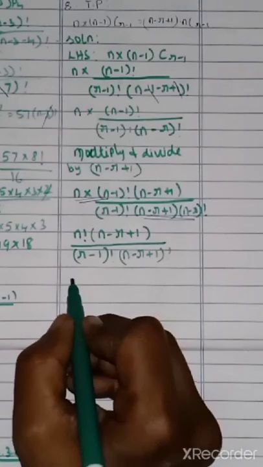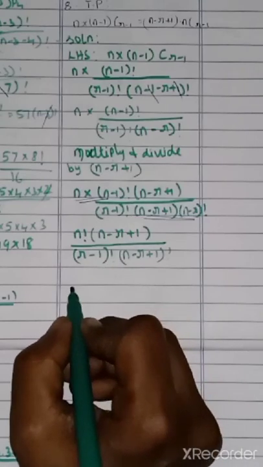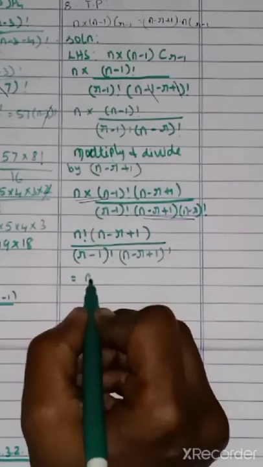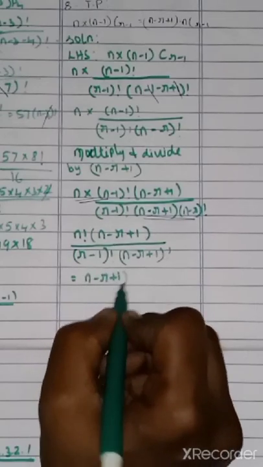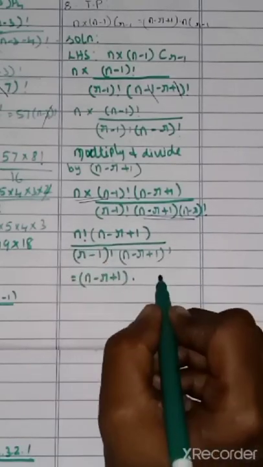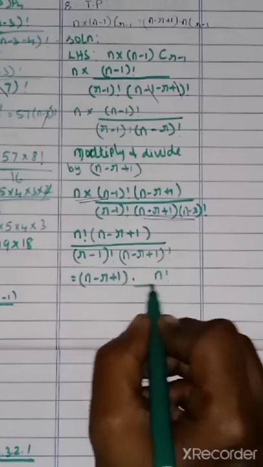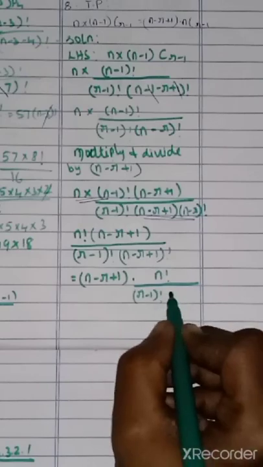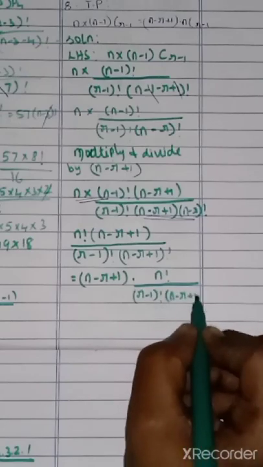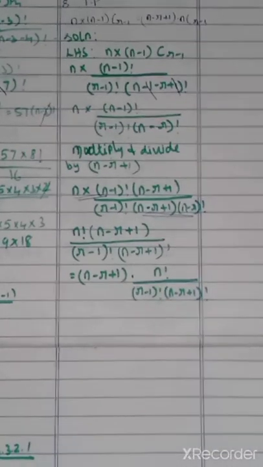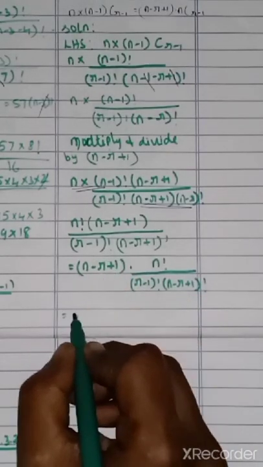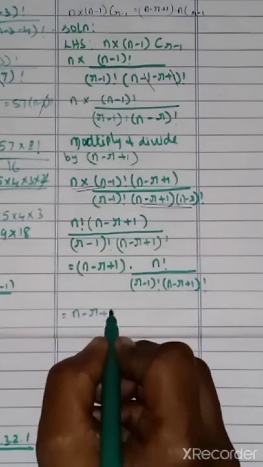Now here again you can take this outside, n minus r plus 1. So what will be remaining? n factorial by (r minus 1) factorial, (n minus r plus 1) factorial. Now this one, no need to do anything, that one as it is, n minus r plus 1.